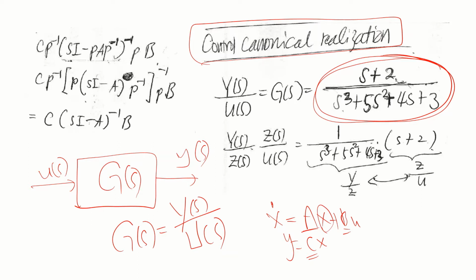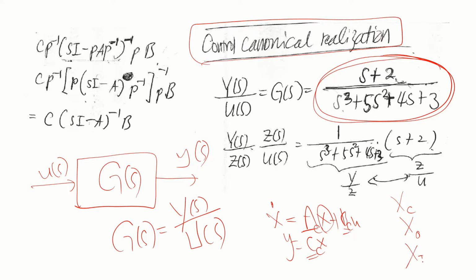There are three ways. When you choose x as x_c, for control, you are supposed to get A_c, B_c, C_c. That's the control canonical realization. If you choose x_o, then you will get A_o, B_o, C_o.